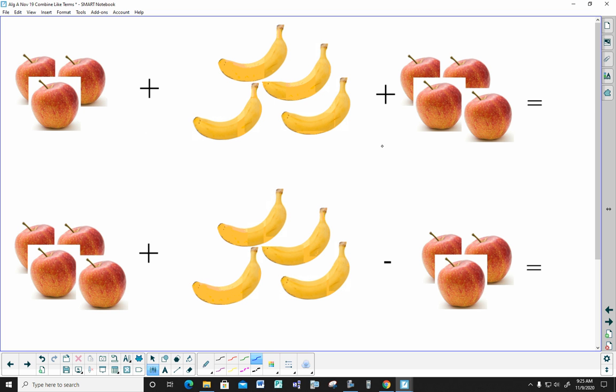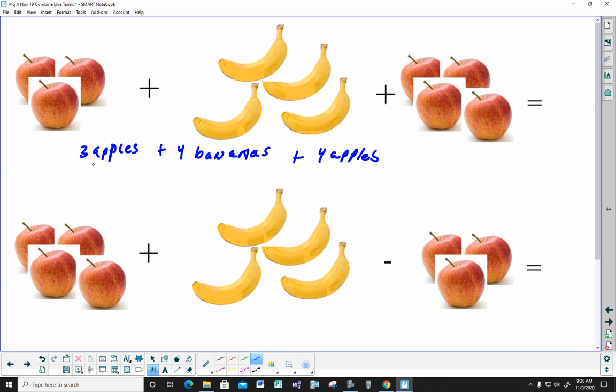So if you were to have a long statement like this, 3 apples plus 4 bananas plus 4 apples, the only thing that you can combine is the 3 apples and the 4 apples.